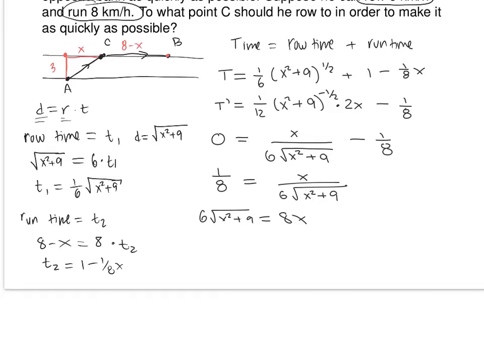Does that make sense? Good. Okay. Now square both sides, and if you square both sides, you have to also square the 6. So square both sides means square the entire thing. So you get 36 times the quantity x squared plus 9 equals 64x squared.